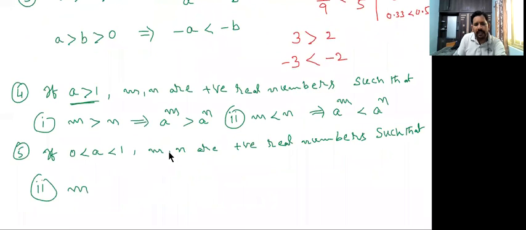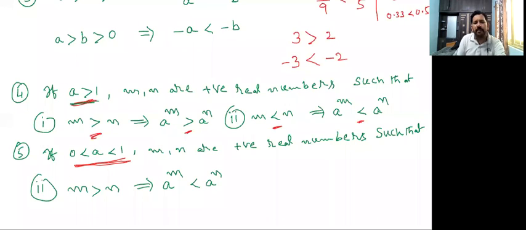If m is greater than n, then you will get a to the power m is less than a to the power n. If a is greater than 1, there is no change. If a lies between 0 and 1, and m is greater than n, that implies a to the power m is less than a to the power n.